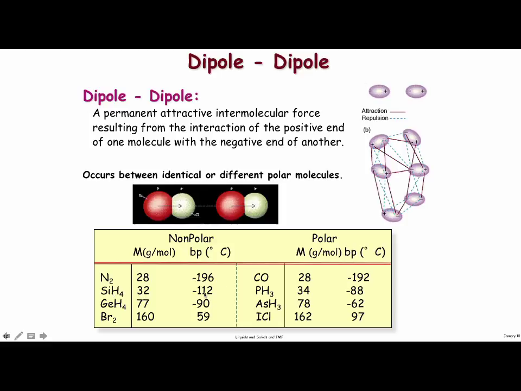This has a boiling point of minus 112. PH3 has a higher boiling point at minus 88. Again, because PH3 is polar. Likewise for these other two. The polar chemicals have stronger intermolecular forces than these nonpolar chemicals, thus giving it a higher boiling point.